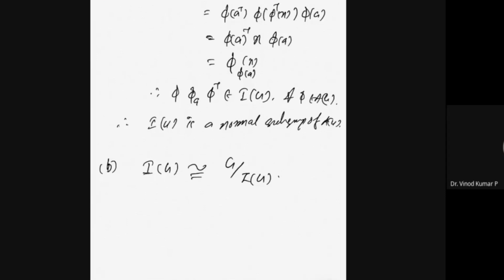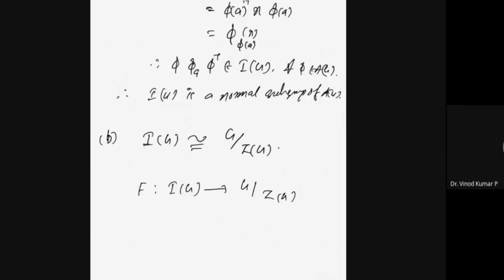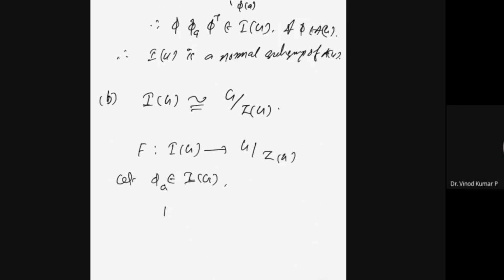Here, let's define a map F from I of G to G by center of G. You take some element phi A of I of G, and you want to define F of phi A. You have an element A belonging to G, so naturally you define it as the coset of A, the equivalence class of A mod Z of G. Okay.